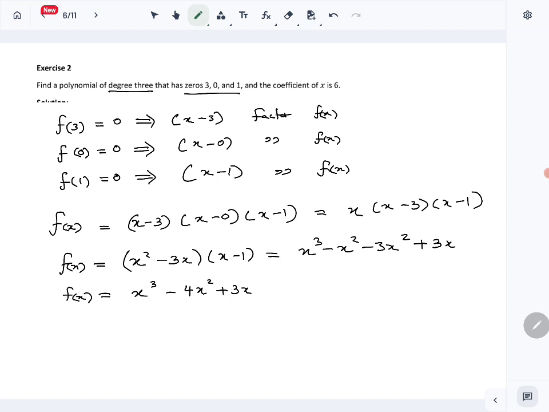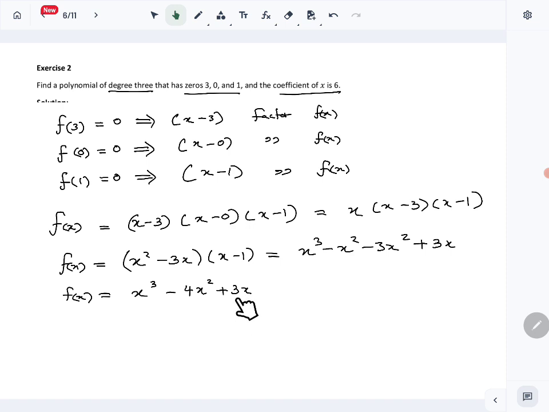Right, this is a polynomial of degree 3 with those three zeros. Is it the one we want? It has degree 3 and these three zeros, but there's an additional condition that has to be met. Coefficient of x is what? 6. What is the coefficient of x in here?